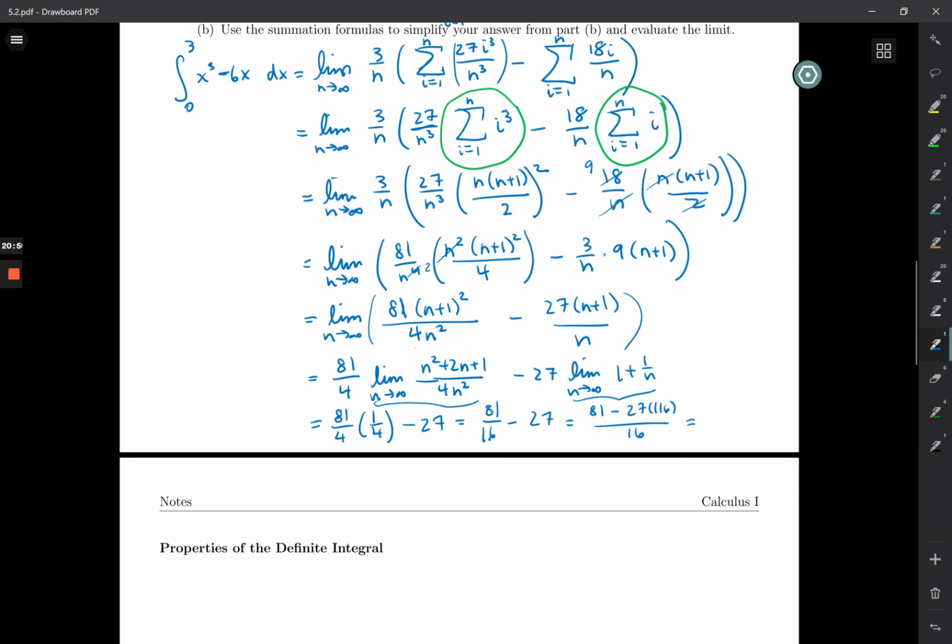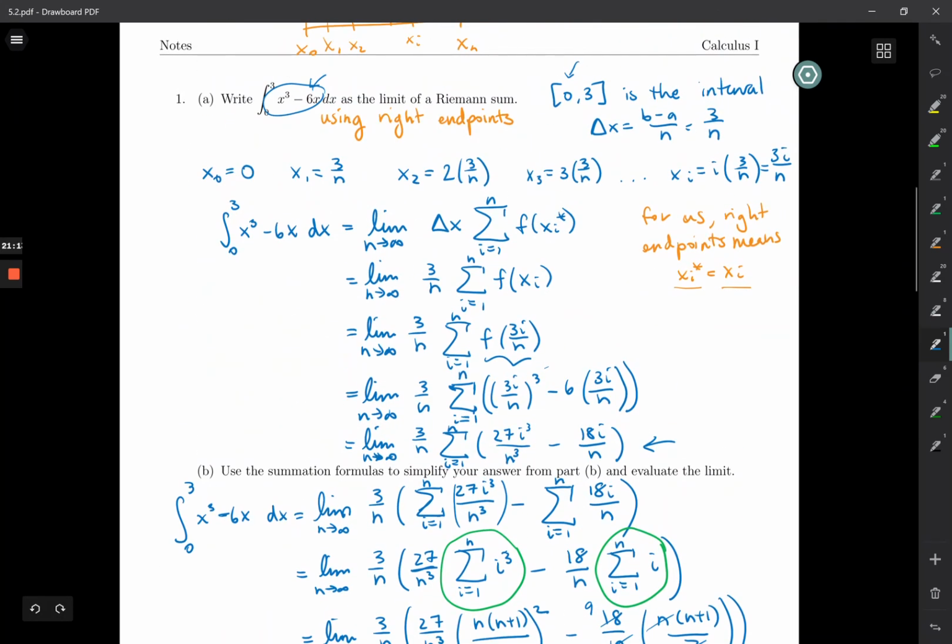This is not fun, but in any case, you will get a number. So this would be negative 351 over 16. Okay, so that is the end of this very long problem.